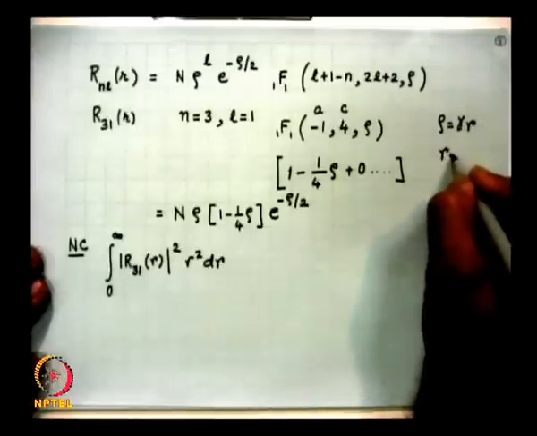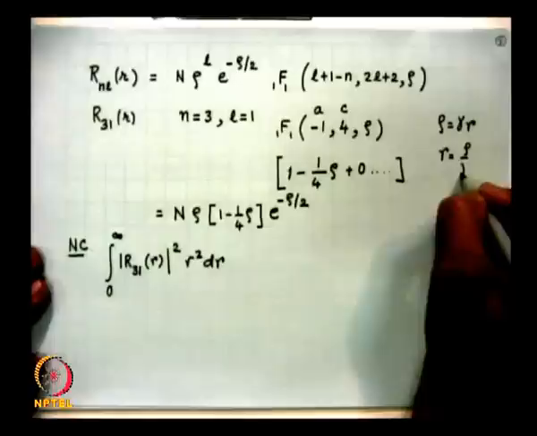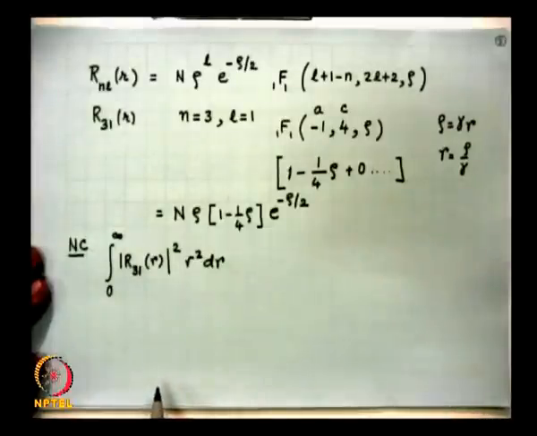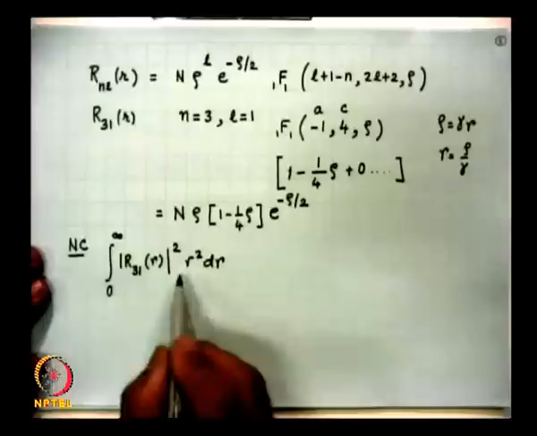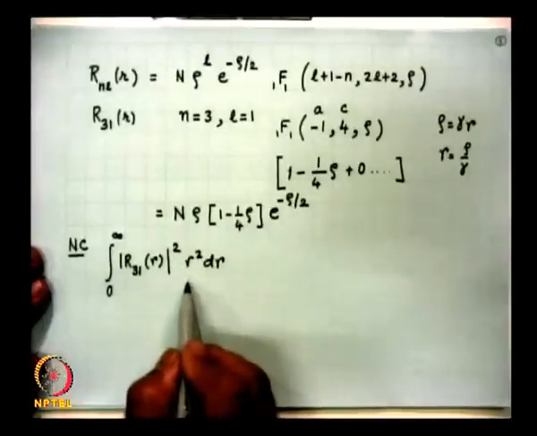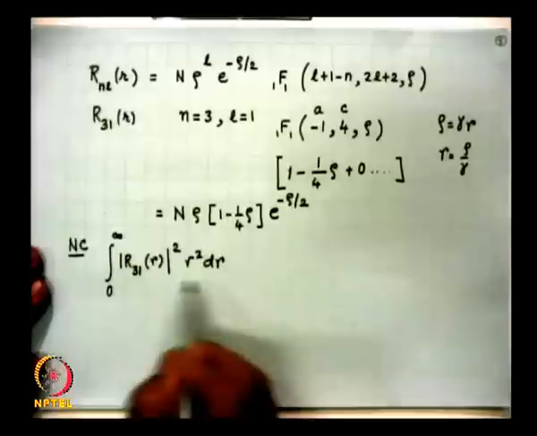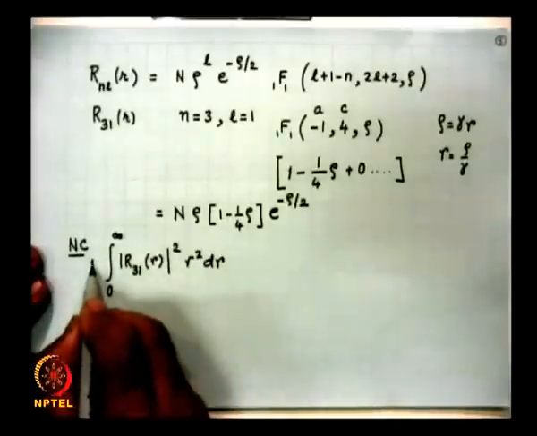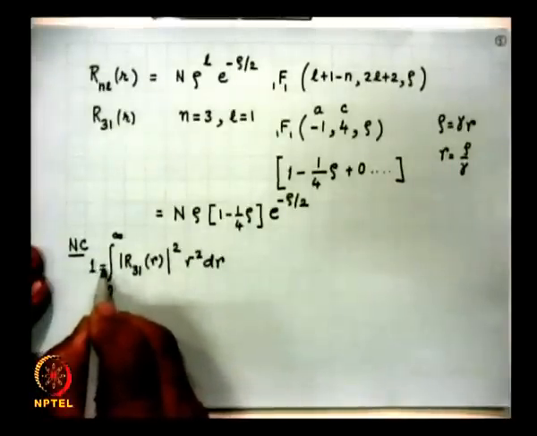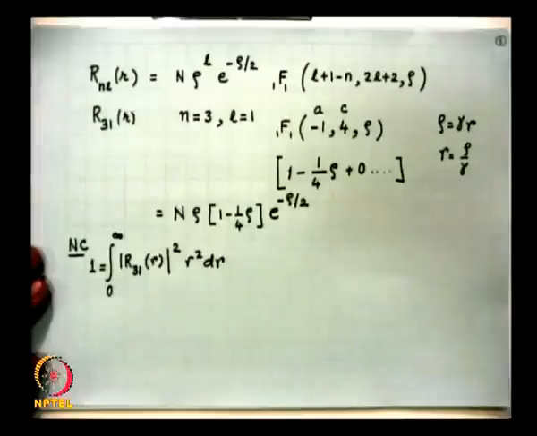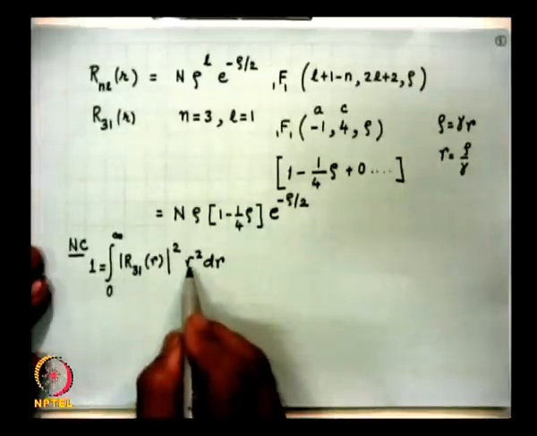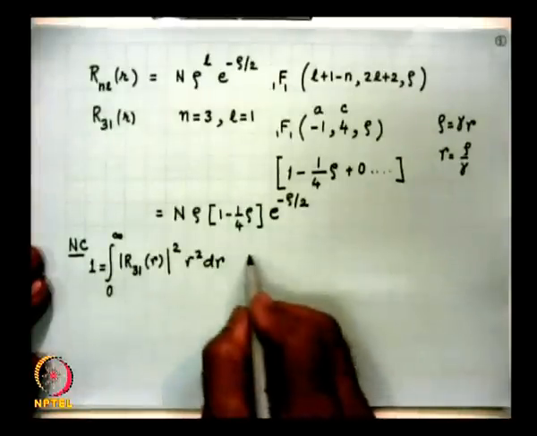So, r is equal to rho by gamma, and therefore, r square will be rho square by gamma square. This will be d rho by gamma. So, the normalization condition is 1 is equal to so much. So, this will be rho cubed divided by gamma cubed.